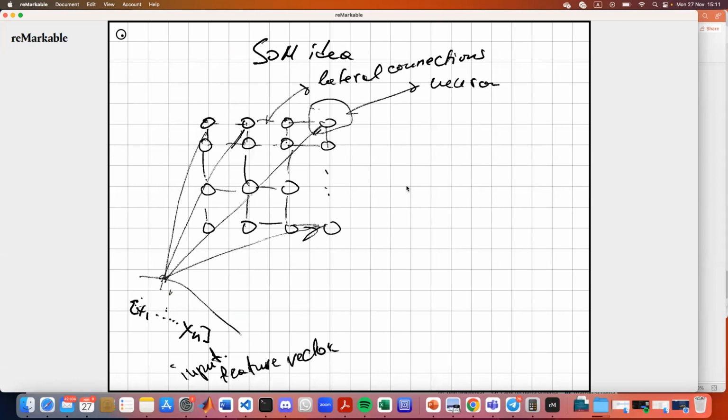And the strength of this connection will be defined by a weight vector.